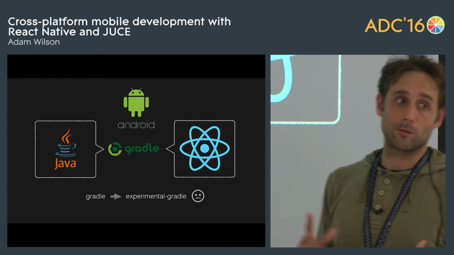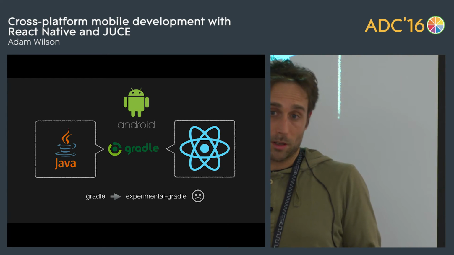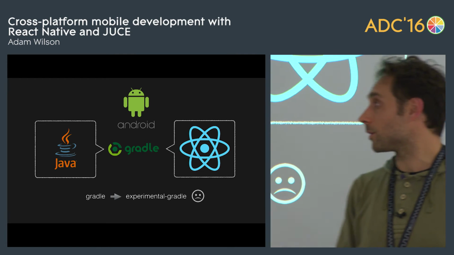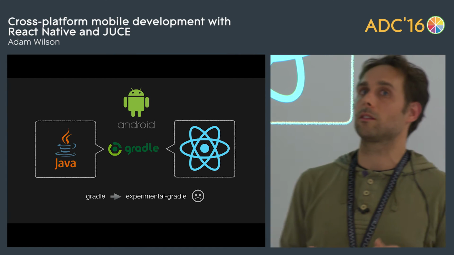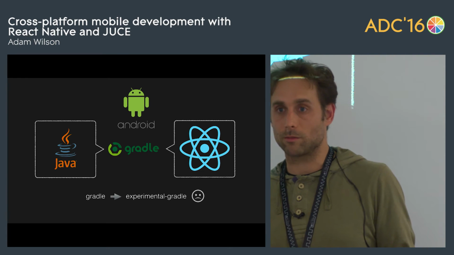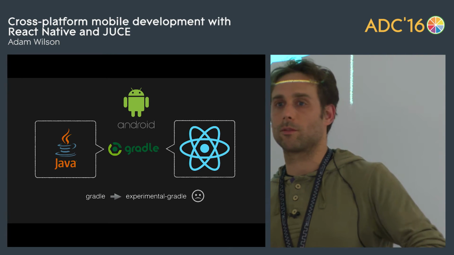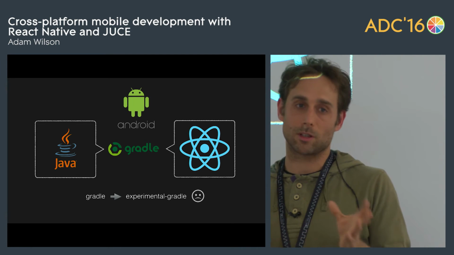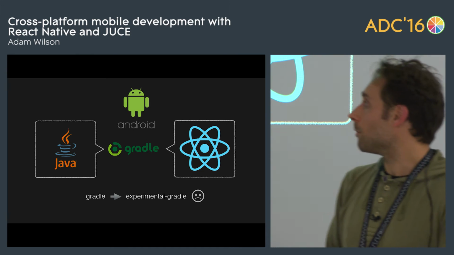Now, any of you who've done C++ and Android stuff or done JUCE and Android stuff, you'll know that the Projucer exports with the experimental Gradle format, which enables you to have code completion and stuff like that in C++ in Android Studio.